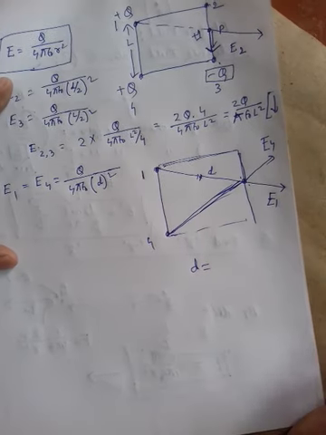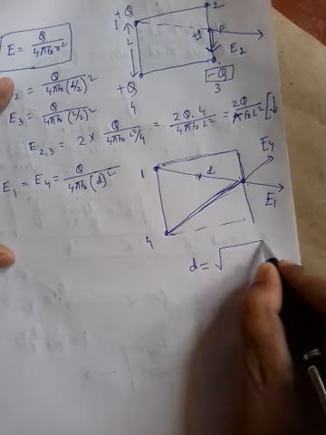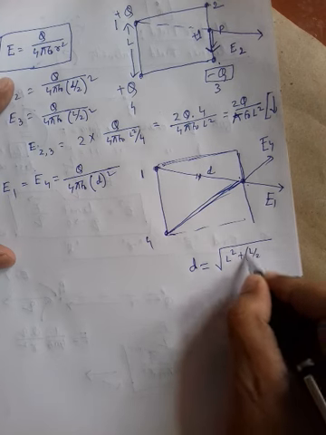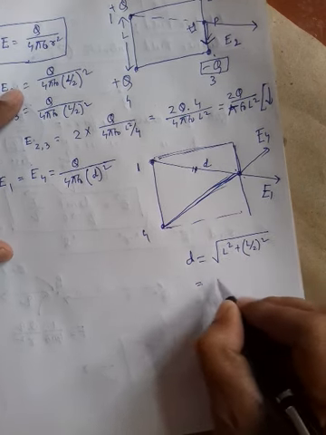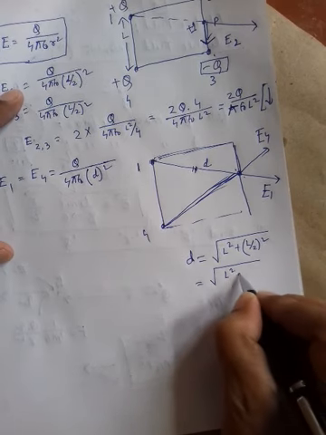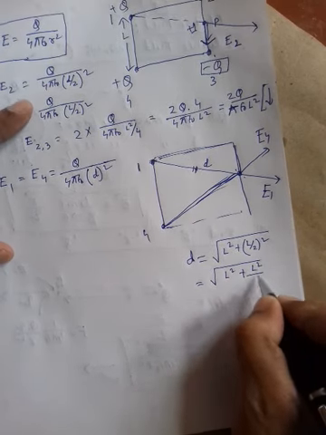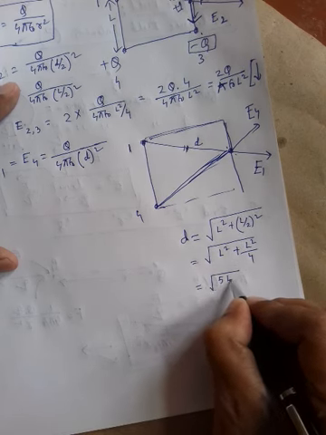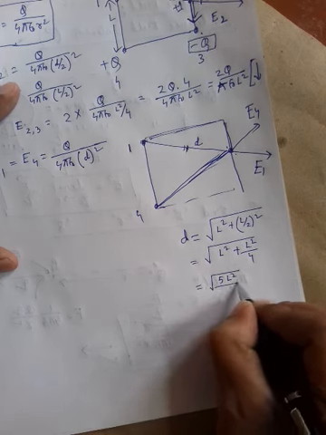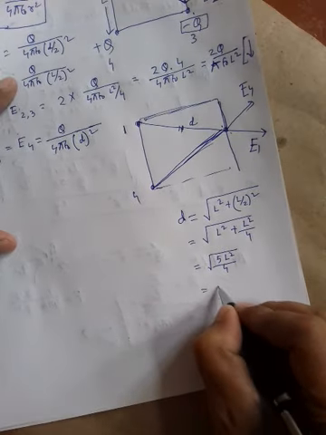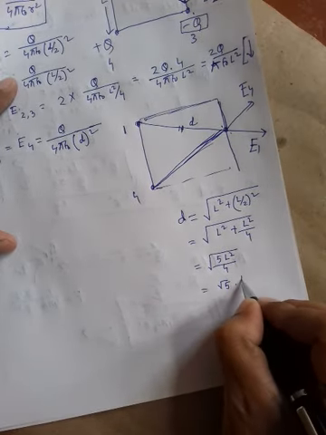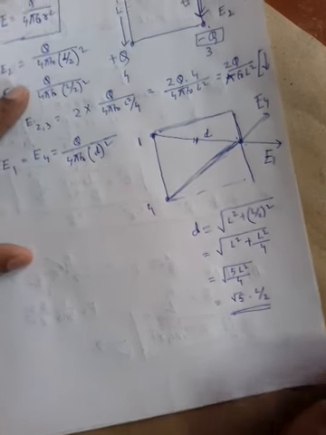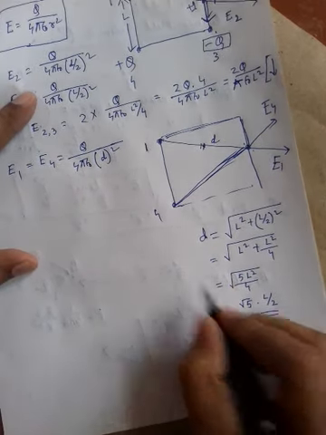D is under root L square plus (L by 2) square. So it becomes L square plus L square by 4. So it is root of 5 L square by 4. So it can be written as root 5 into L by 2. So that distance D is a known thing, we can put it here.